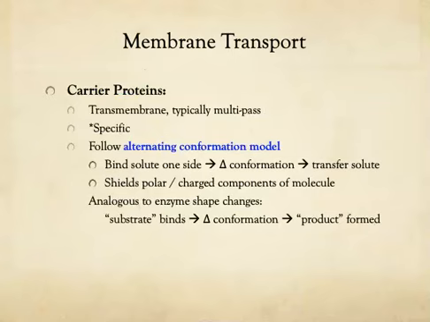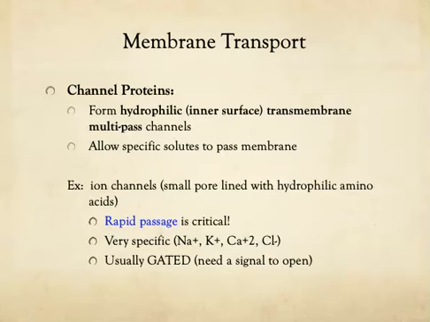Now let's take a minute and talk about carrier proteins. Carrier proteins are the second type of protein that is responsible for facilitated diffusion. Now, channel proteins are transmembrane and multipass.